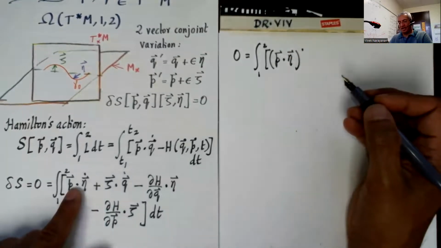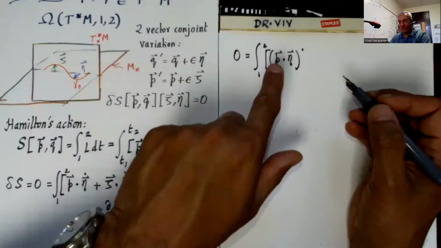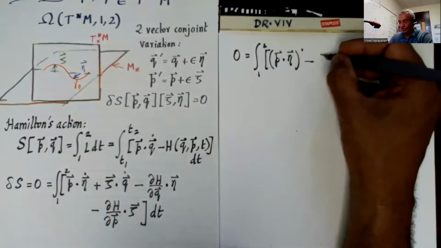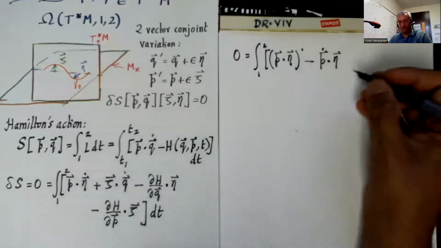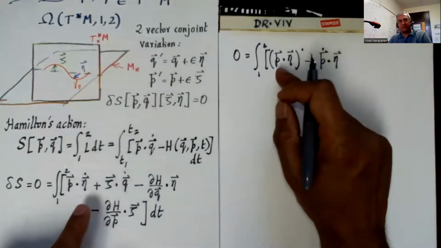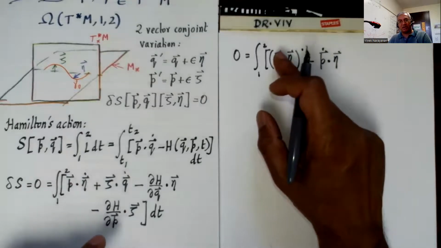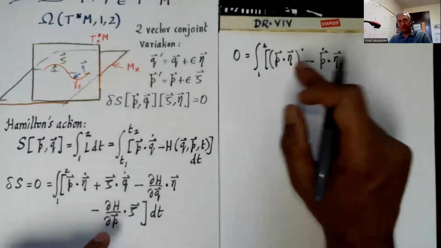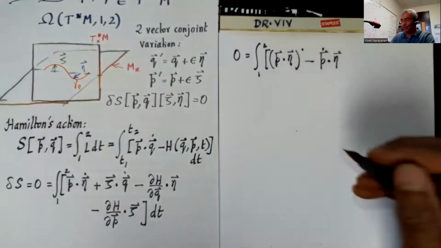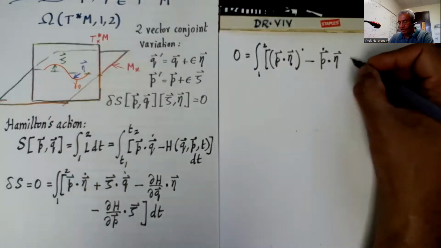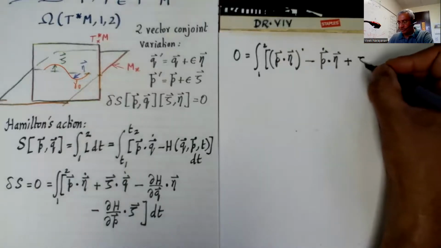That's the first term. And to compensate for that, I have to subtract P dot eta. That's the term we don't have. So when I differentiate this, the first term is going to be P dot eta, which will cancel this immediately, and the second term is going to be P dot eta dot, which is this. So I'm all good.